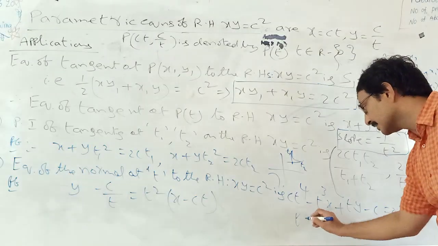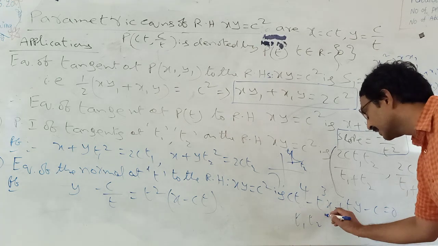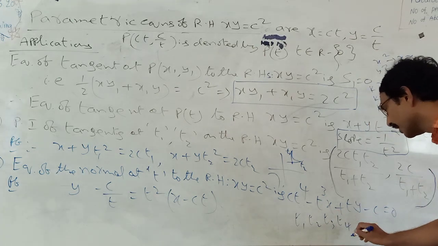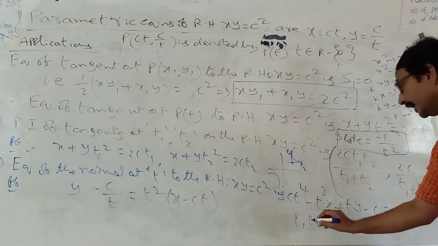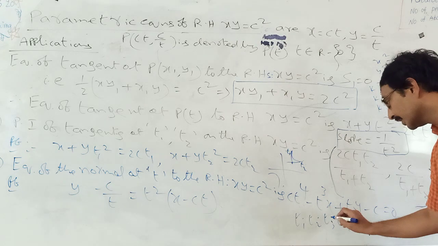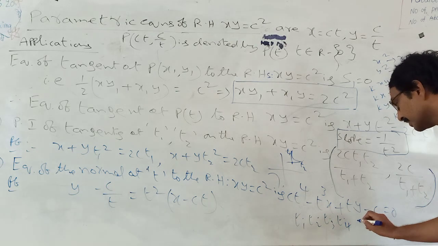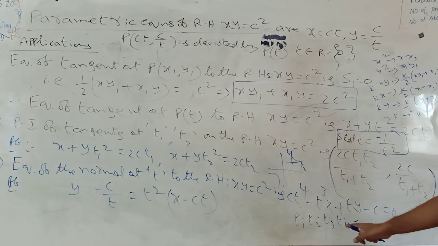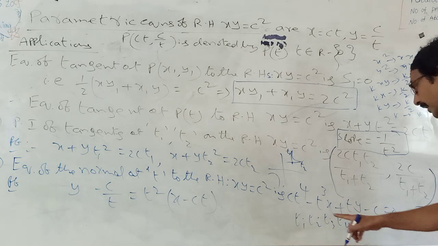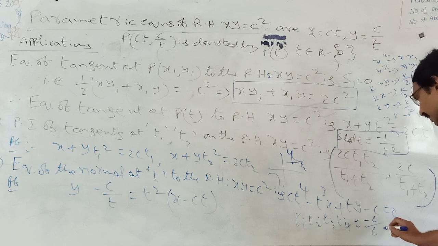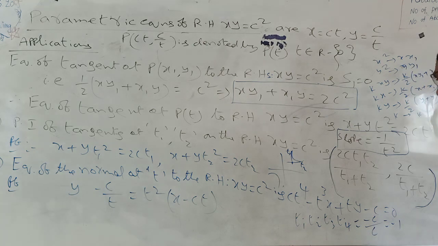Suppose the roots are t1, t2, t3, t4. From this equation we can write relations among t1, t2, t3, t4. The most important one is the product of the values t1 t2 t3 t4. Formula: constant term by coefficient of first term, minus c by c, equal to minus 1.